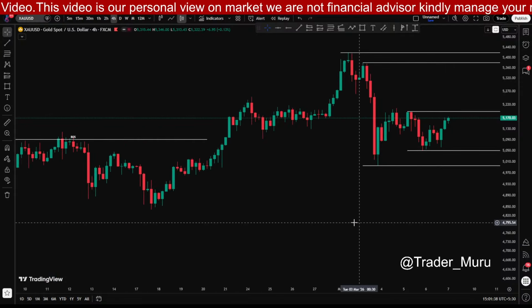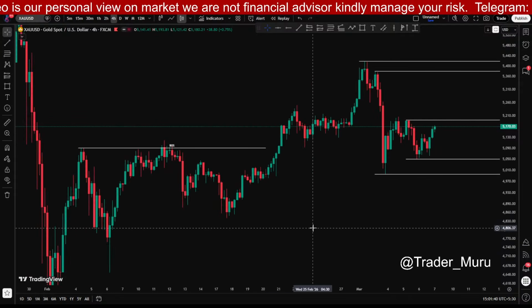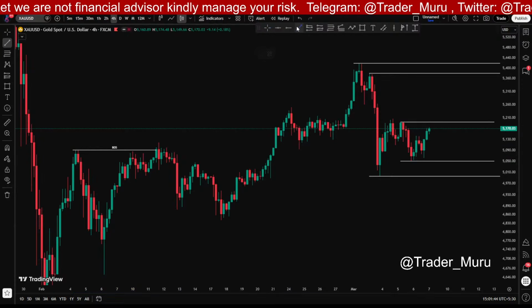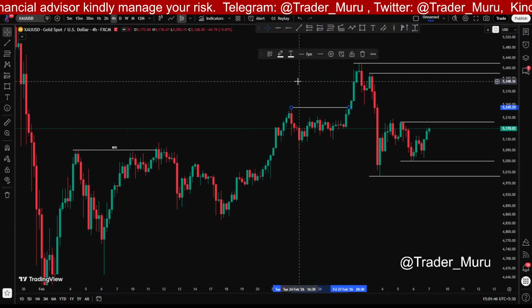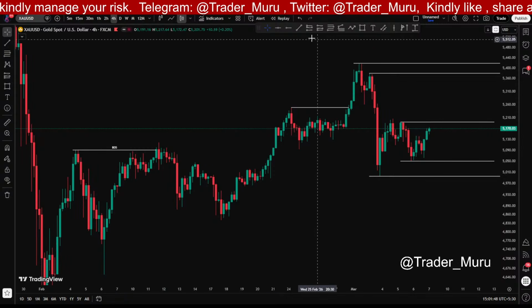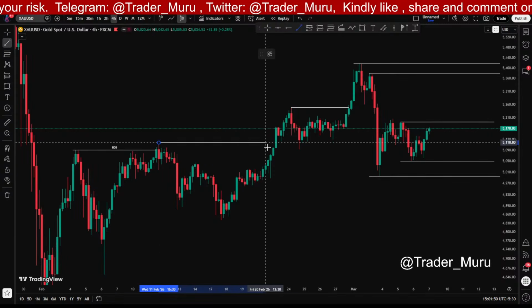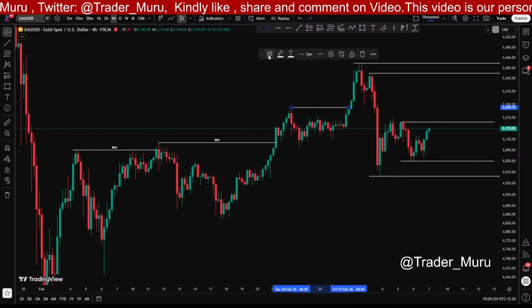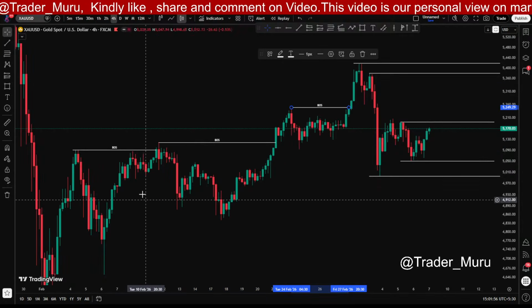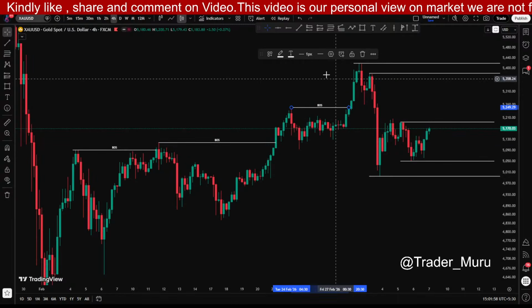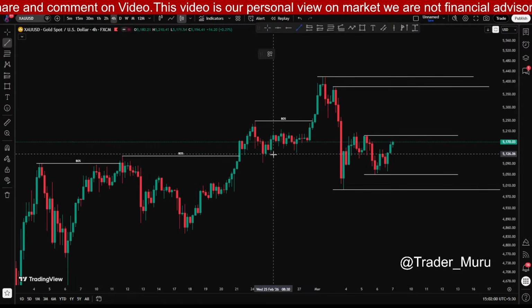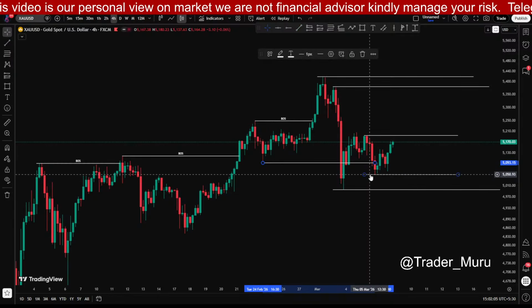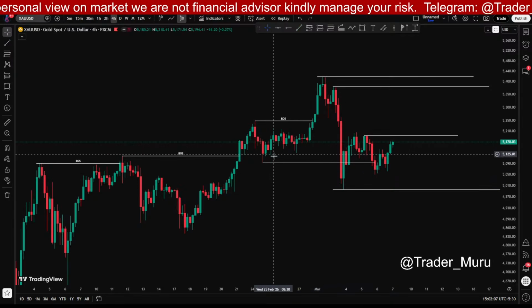In the 4-hour time frame, our last breakout structure was this one here. Price was running in a decent uptrend, having a series of breakout structures, creating higher highs and higher lows, but last week we had two candles closing below this swing low.